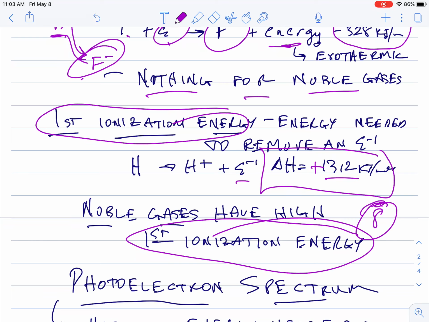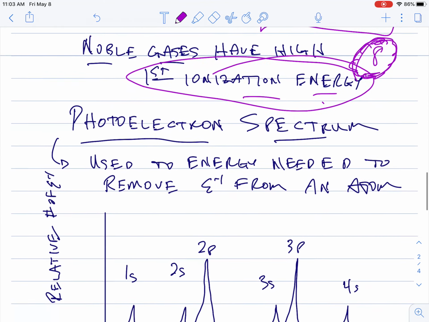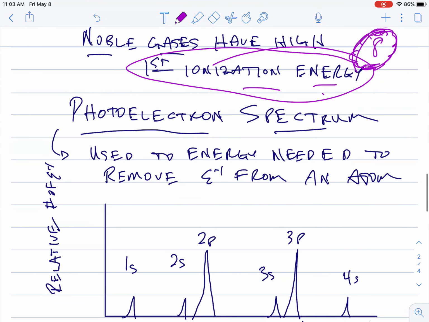Then maybe you take the trip. But the whole key to this is that they already have all 8 game pieces. And since they have all 8 game pieces, it's going to take a lot of energy to take that away from them. So this is the only time you're really going to talk about noble gases, in the sense that they are going to have the highest first ionization energy.